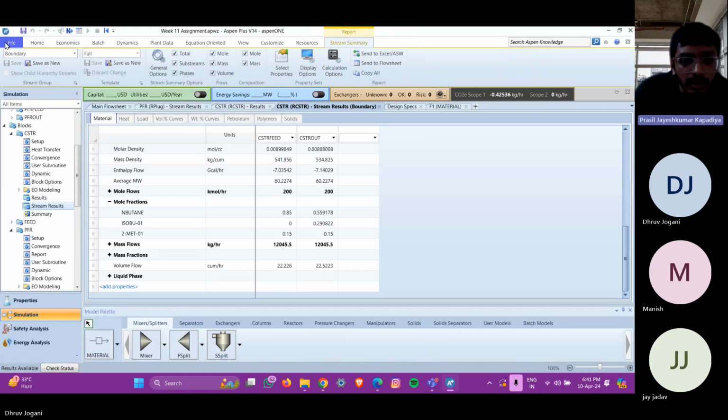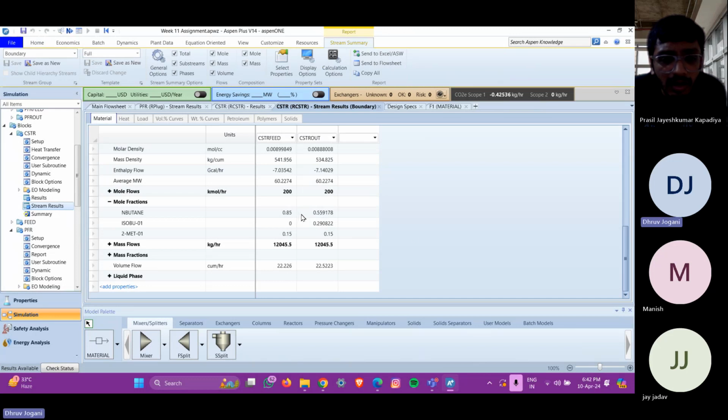Wait a minute. In the question, it is specified that it is inert. So it will be there only. Okay, so what are you suggesting? I'm not getting your point. Sir, so you are using the formula 1 minus 0.55, right?